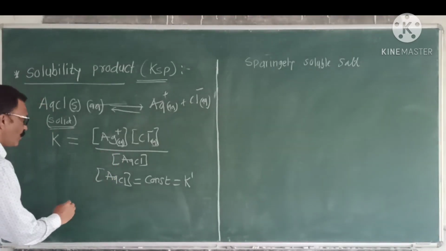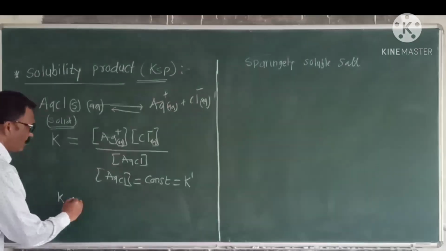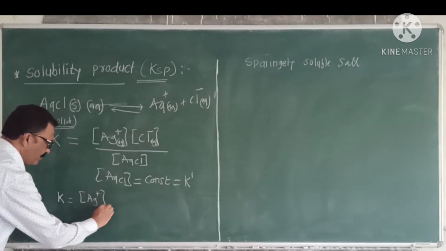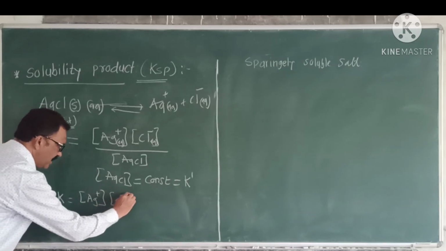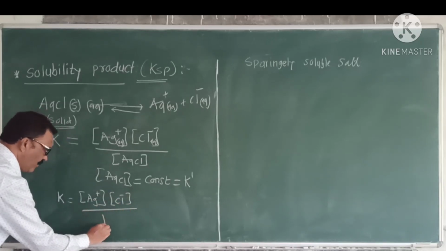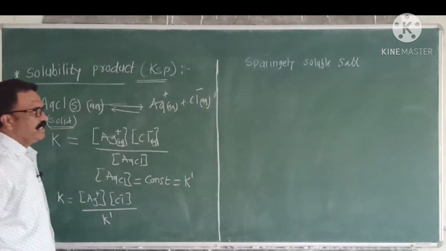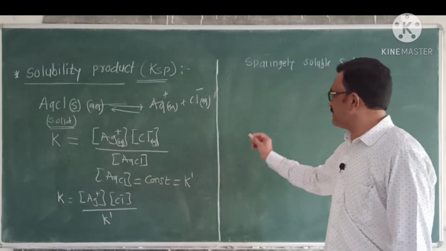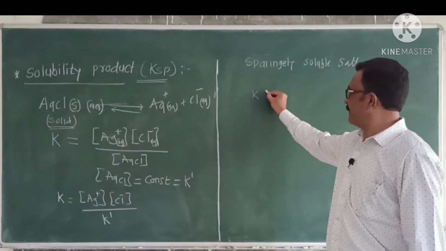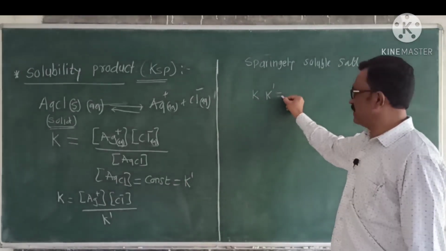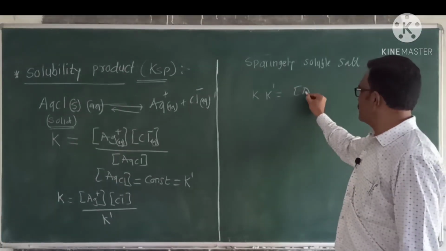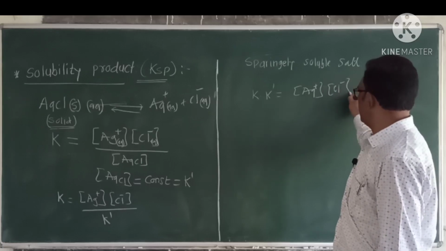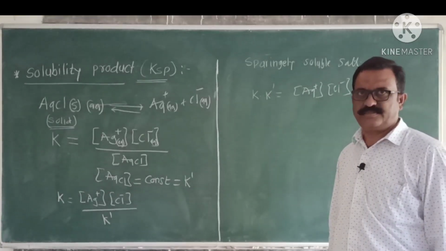Hence equation 1 becomes K, the equilibrium constant, is equal to concentration of Ag plus into concentration of Cl minus divided by another constant K dash. After rearranging this equation, K into K dash is equal to concentration of Ag plus into concentration of Cl minus.